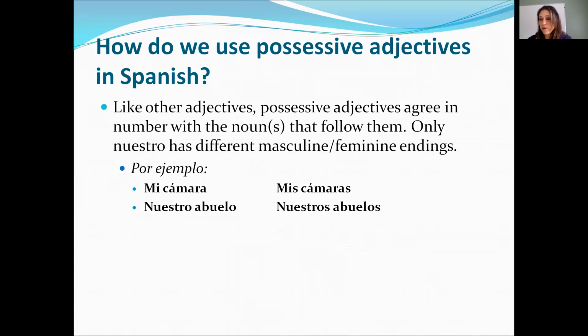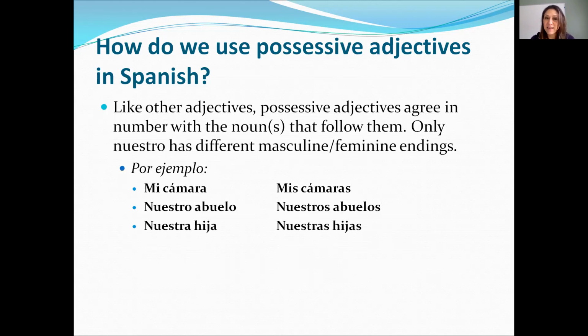And also there on page 235, you can read about diminutives. If you add ito or ita to the end of a word, it's kind of like a term of endearment, but it makes it smaller. So, Joshua, what do you call your grandfather? Abuelito. See, so it's not just mi abuelo, it's mi abuelito.